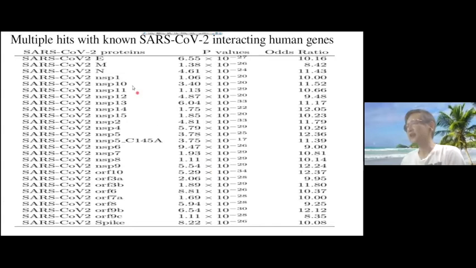As you can see, almost all SARS-CoV-2 proteins overlap with the 163 genes. So this means our strategy successfully identifies a limited number of genes which are very critical to SARS-CoV-2 infections.